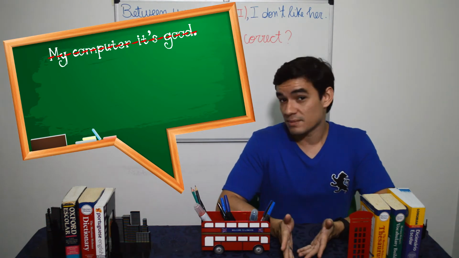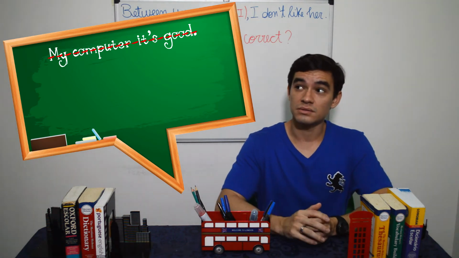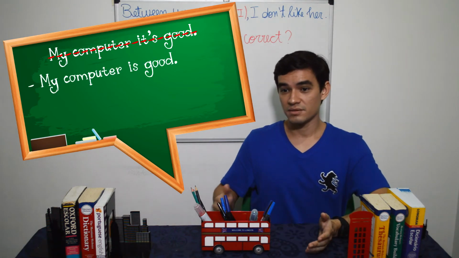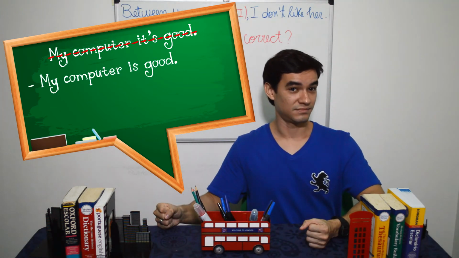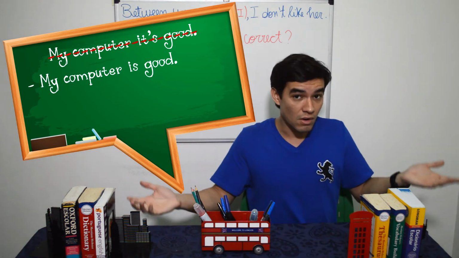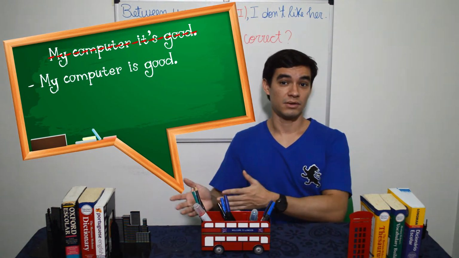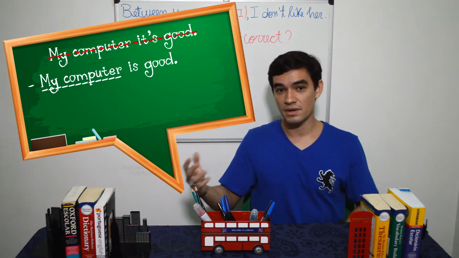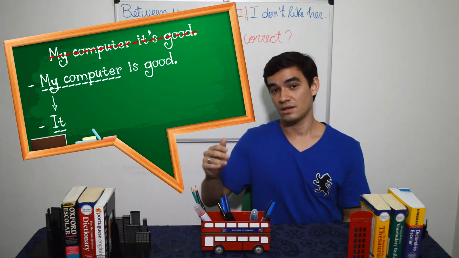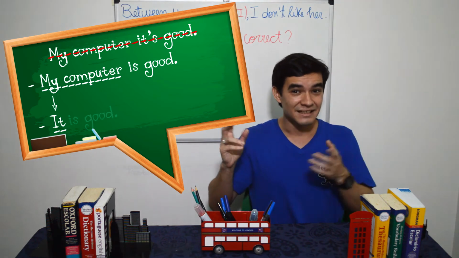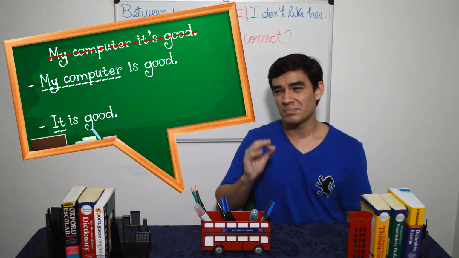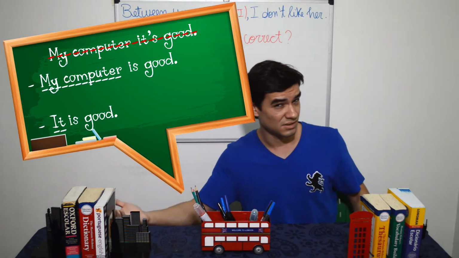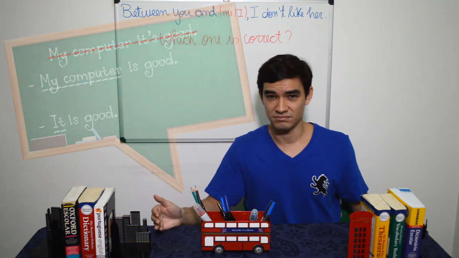It is used for objects, for example. So if you're going to talk about your computer, you can say, my computer is good. Or if the person already knows that you're talking about your computer, you can replace my computer with it and say just, it is good. But putting both together and saying, my computer, it's good, is not possible.